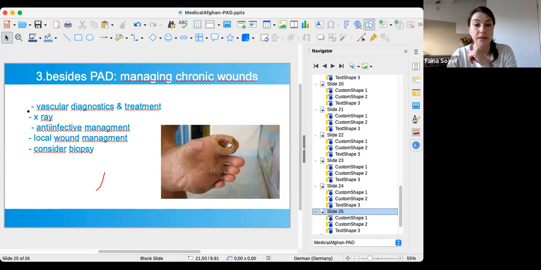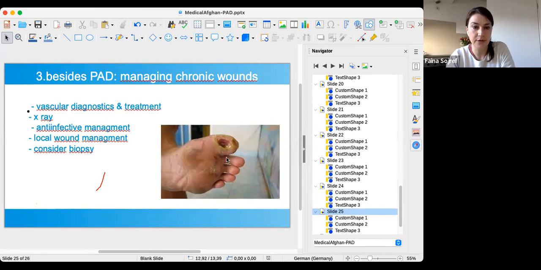3, if this goes below skin level, do an X-ray or some sort of imaging and try to find out what is happening underneath, because the extent might be a lot more than what you see on the surface, and to check whether bones are affected.